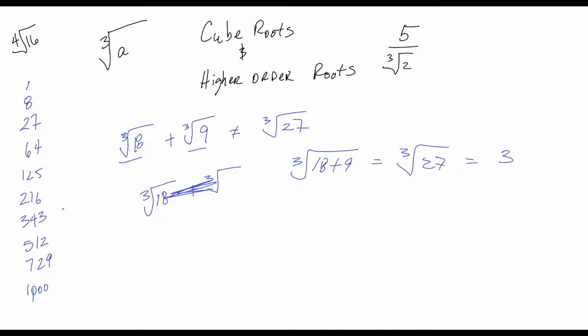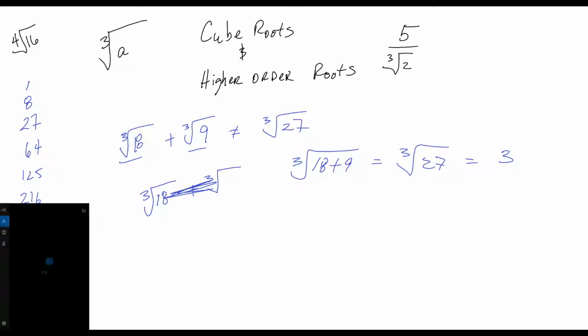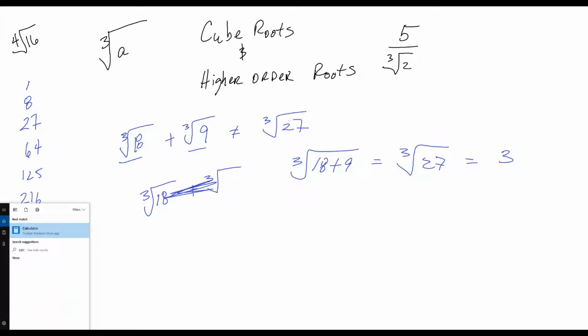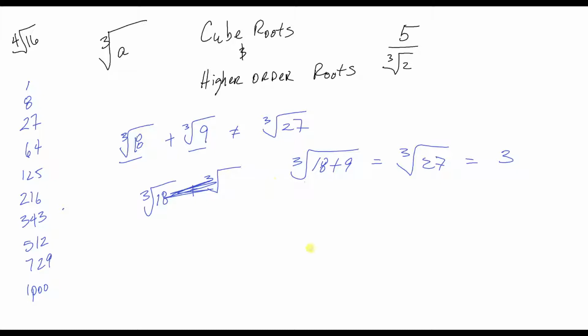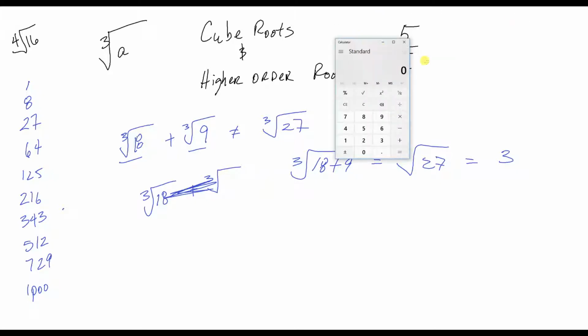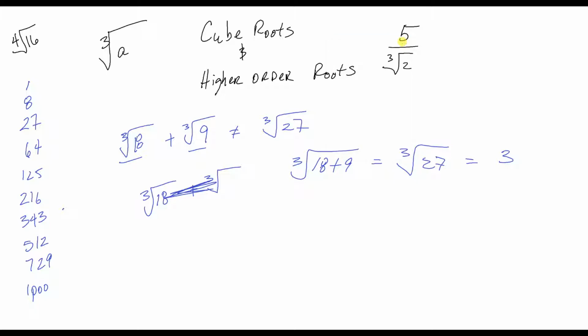The only one I'm not really sure about is 512. So let's take a look. Let's pull up the calculator here. 512, so that'd be 8 times 8 times 8. 3 times equals, dang, 512. Better lucky than good any day, right?